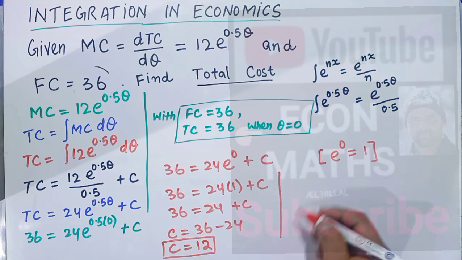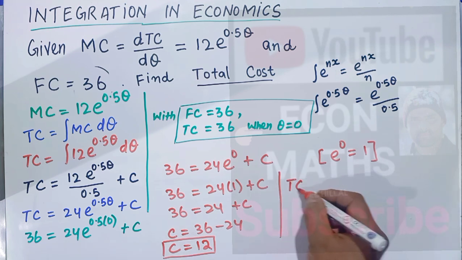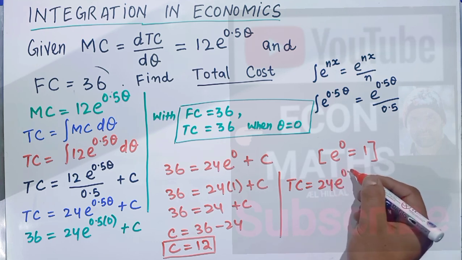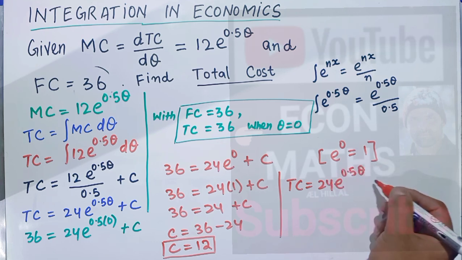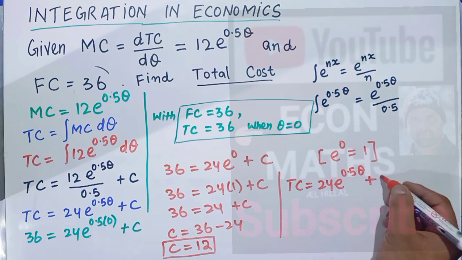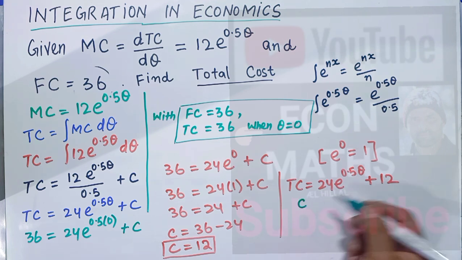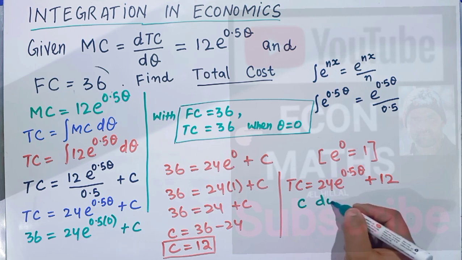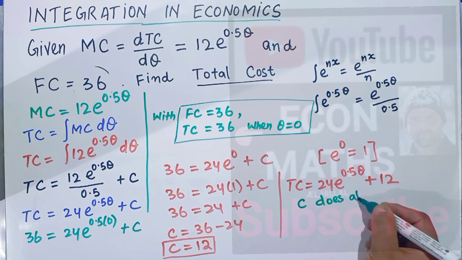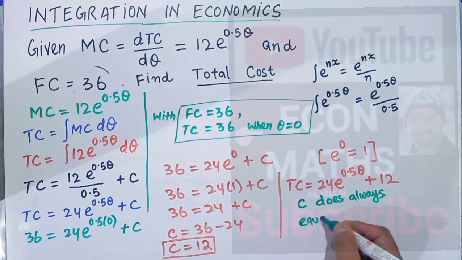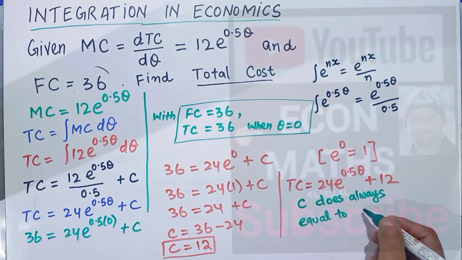Here you can see our total cost function will be equal to 24 e to the power 0.5q plus 12, the constant of integration. This will be our total cost function. And you can notice here that c does not always equal fixed cost.